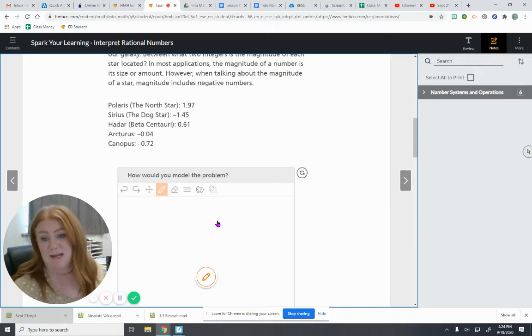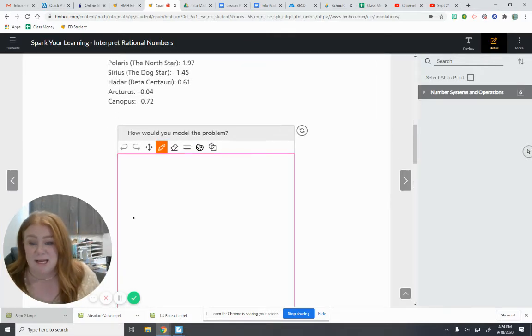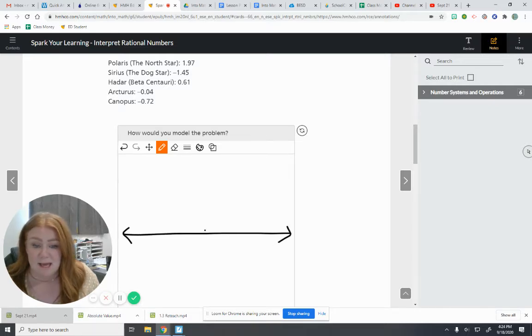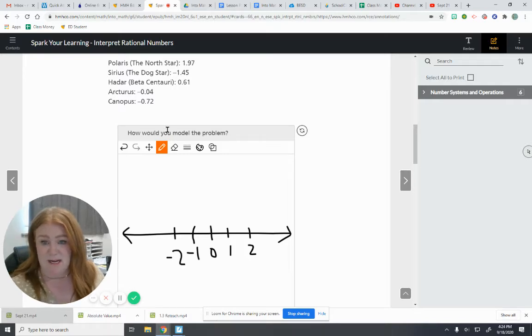So the way I think about these is I know I'm going to need a number line, and I'm going to put 0 on there since I have negative and positive numbers. So I'm going to start with and get a few integers on there. So 1, 2, I'm going to get some negative ones on my number line here, and then we'll see if I need any more.